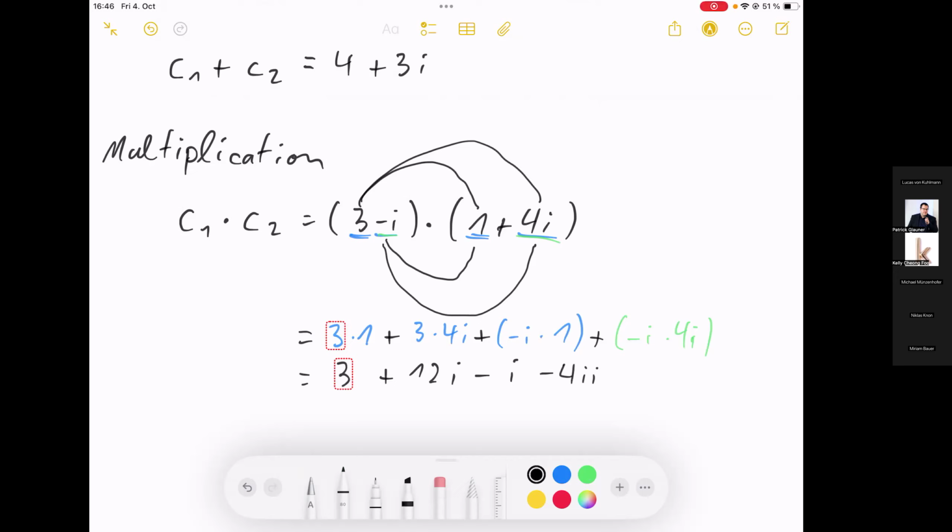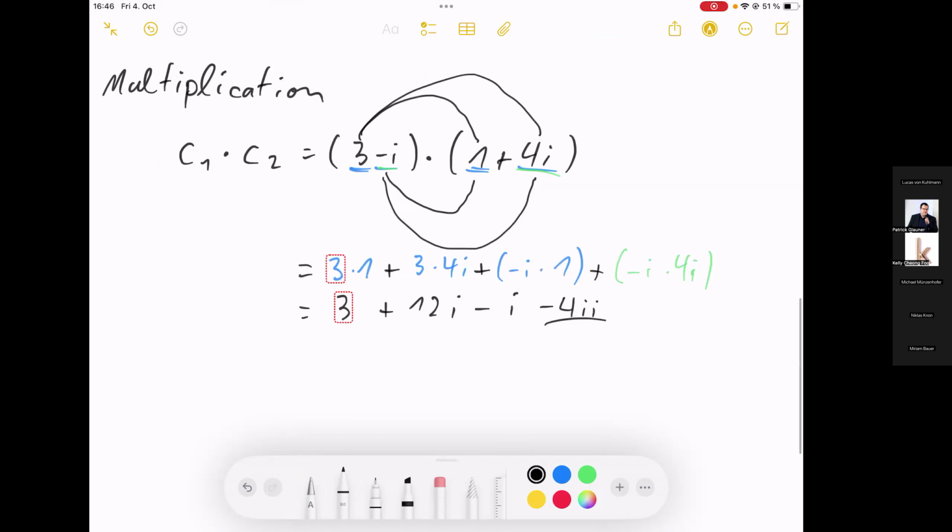And you can maybe guess, or any suggestions, what's this term here? Any suggestions from your side? This is maybe the more tricky part. It's plus 4, that's correct, because i squared is minus 1, and minus 1 times minus 4 is 4.